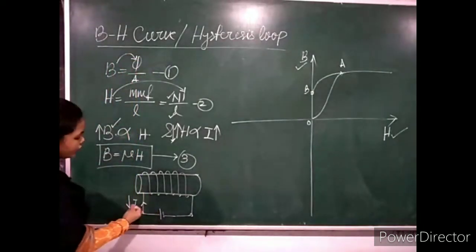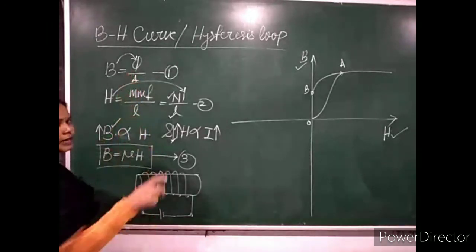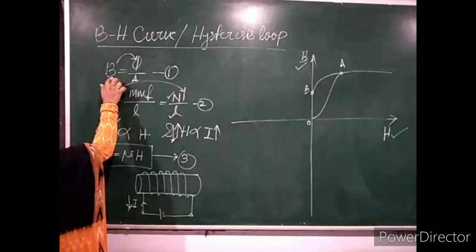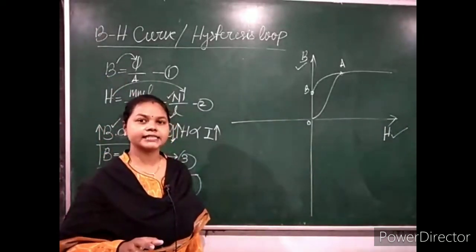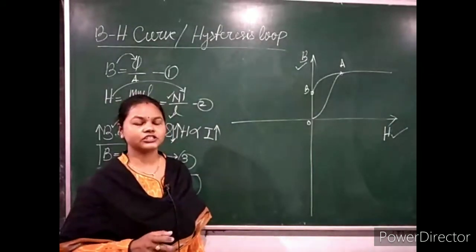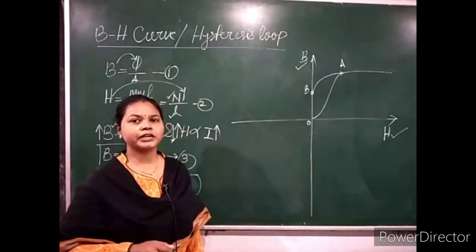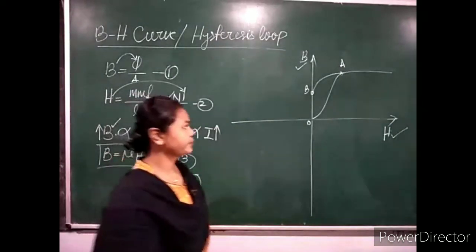So even though you decrease this current, some flux is present in the material with flux density, and this is called residual magnetism. This property of magnetic material is called retentivity.